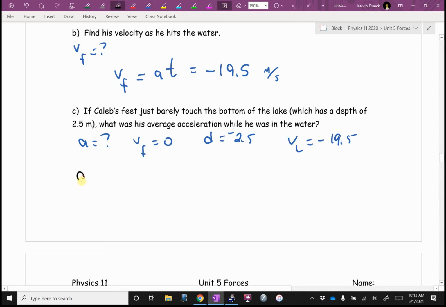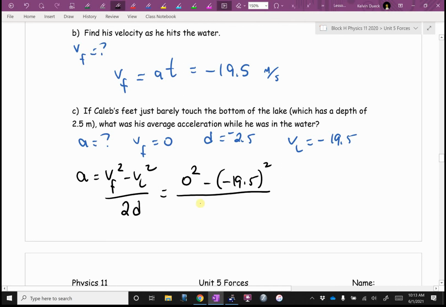Get the A by itself, please. Is that right? VF squared minus VI squared all over 2D. So 0 squared minus negative 19.5 squared.